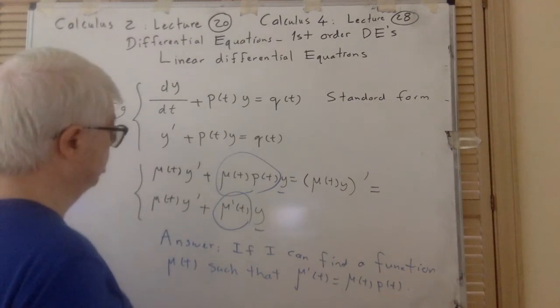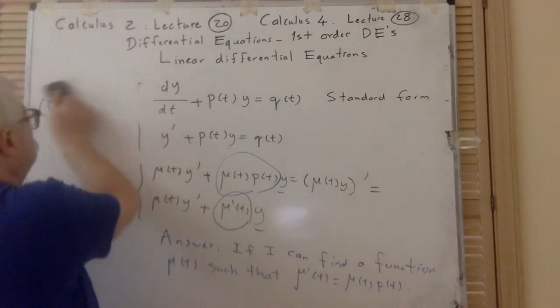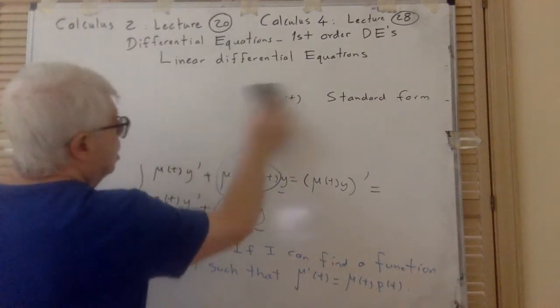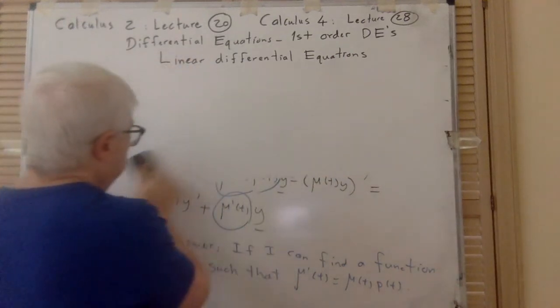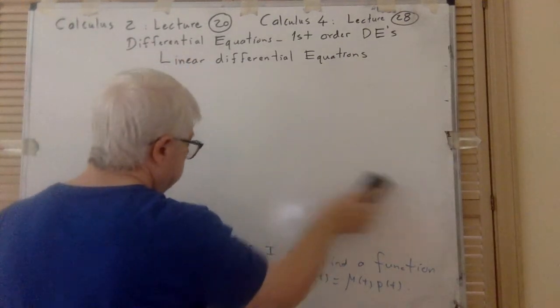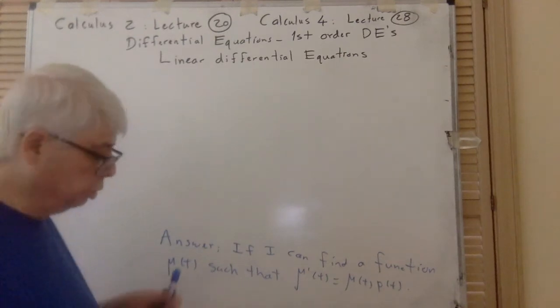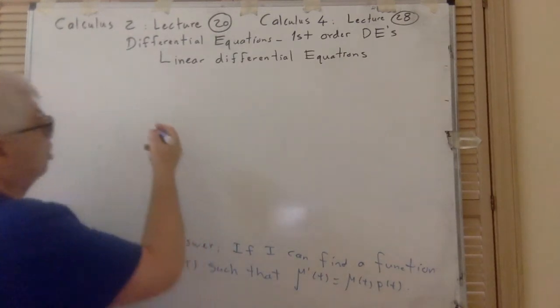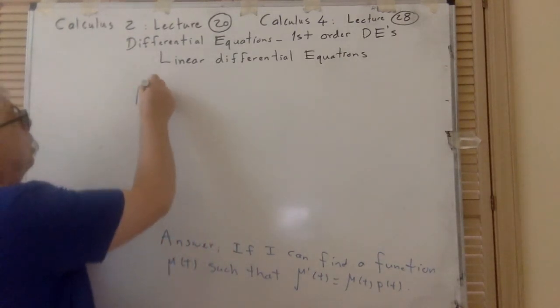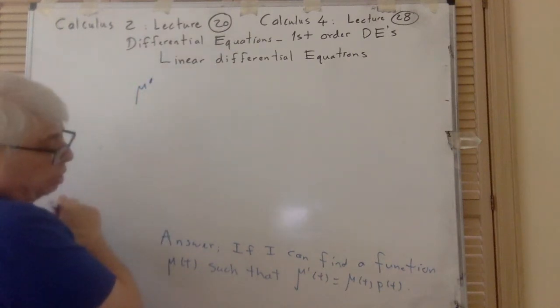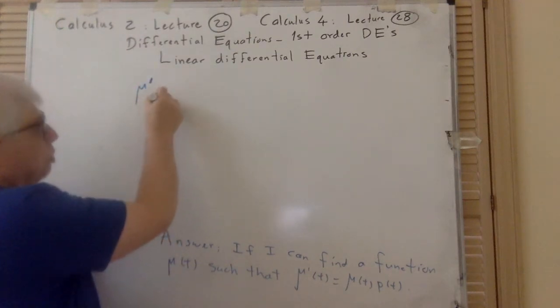So let me erase these things and look at that. I have to find that mu(t). And what's the equation? The equation is mu prime equals mu p(t). Let's just ignore the t. We know it's a function of time.